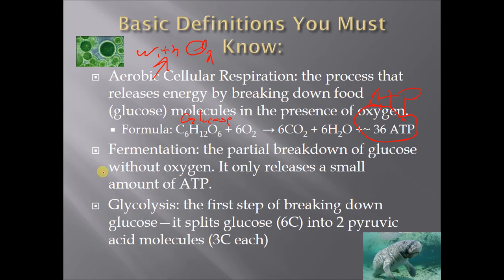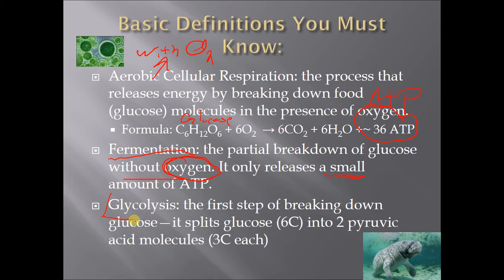There's another form of respiration called fermentation, and that is when we only partially break down glucose without oxygen. A lot of bacteria do this when you ferment things into alcohol. It releases only a small amount of ATP, so it's not as efficient as aerobic respiration, which we'll focus on today.